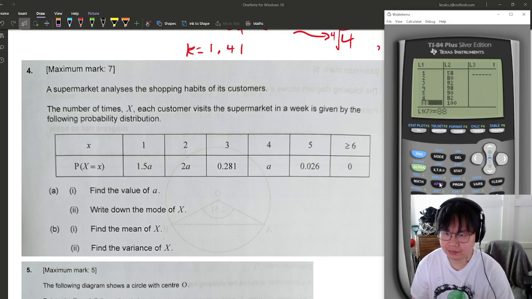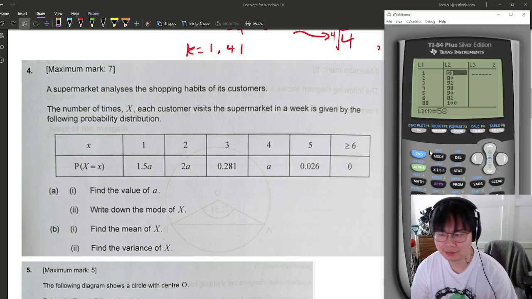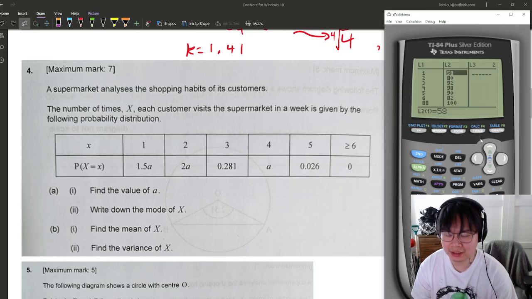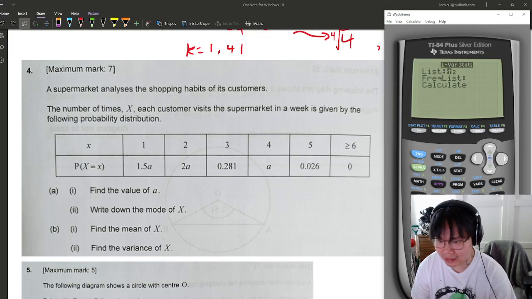Then put your probabilities as a second list. I knew we could do this for frequency tables, but I didn't make the connection that you can also do it for probabilities, which are kind of like a frequency of how often x shows up. Once you plug those in, you can calculate the one variable statistics, and then you list your frequency list as list number 2, and list number 1 is of course your list of actual x values.